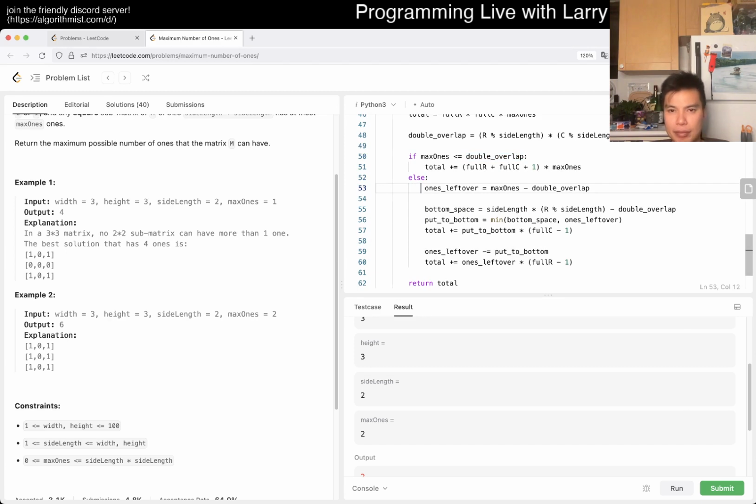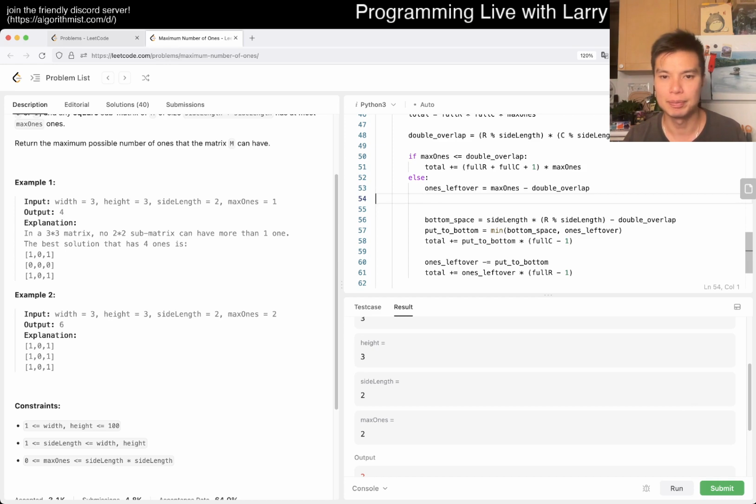Yeah. Alright, that's good. I mean, better get the wrong answer during examples than afterwards. But okay, so the ones left over we have, so max ones is 2, the double overlap, which we would put on everything. I think I missed a step. Yeah, okay, I see why. Because I didn't actually count the double overlap part.